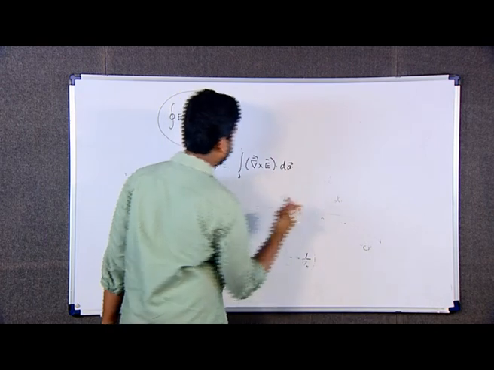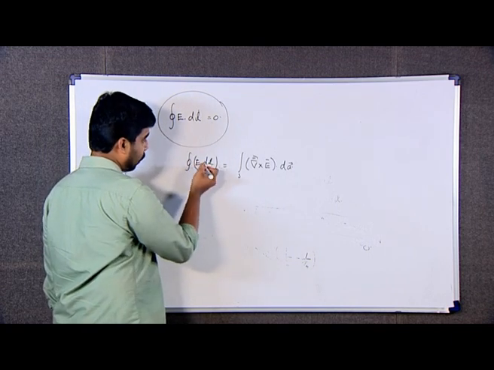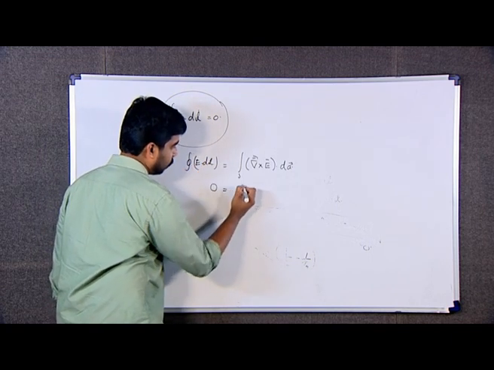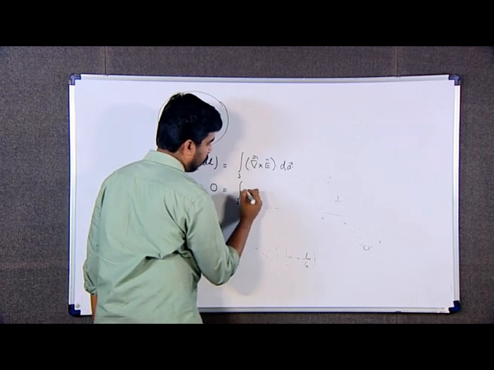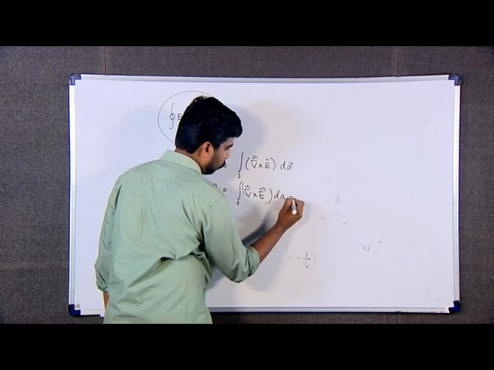This you know, and we know that closed integral E dot dl is equal to 0. That means integral del cross E dot dA is equal to 0.